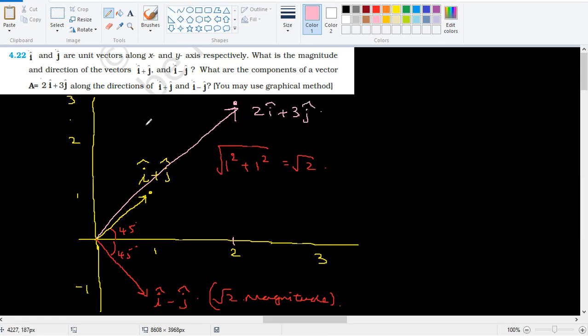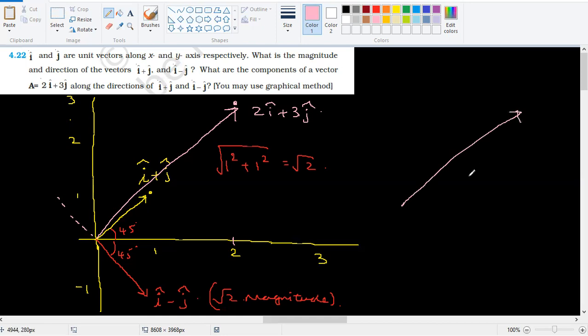Now they are asking you to find the components of the vector 2i plus 3j along the directions of this and this. I have a vector this way, and I want to find the component along this one and then this one. Usually we are used to calculating the components in the x and y directions.